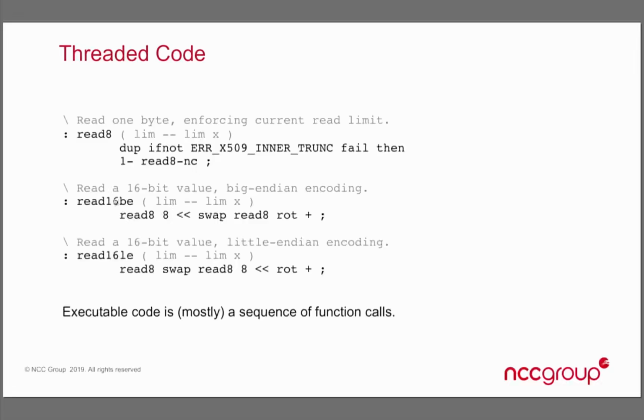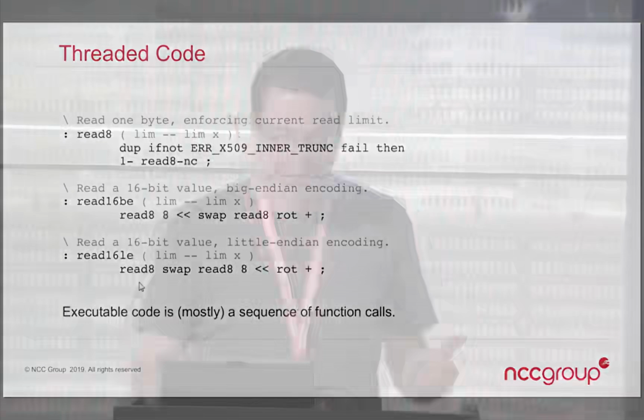Underneath are two functions which use read8 and want to read 2 bytes and interpret that as a 16-bit value in big endian or in little endian, because, of course, both are used in certificates and in TLS. So you have to have both. And what you must remember from here is that in that kind of code, executable code is mostly a sequence of function calls.